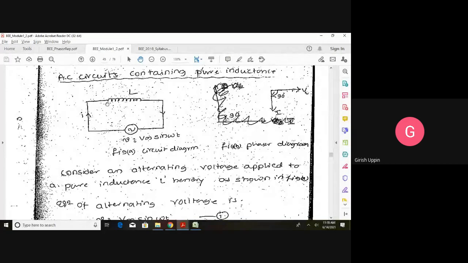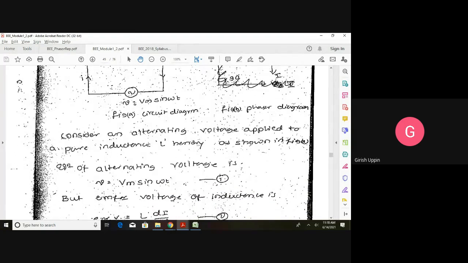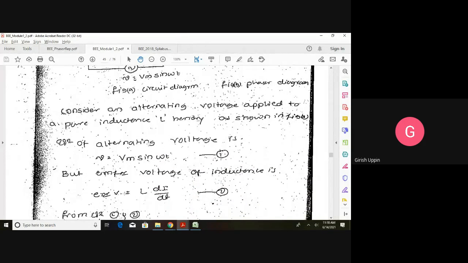Now a pure inductor is connected to a voltage source, and the inductor has a self inductance of L, and the applied voltage is V is equal to Vm sin omega t. And we know that when you apply a voltage to an inductor, it opposes the applied voltage.